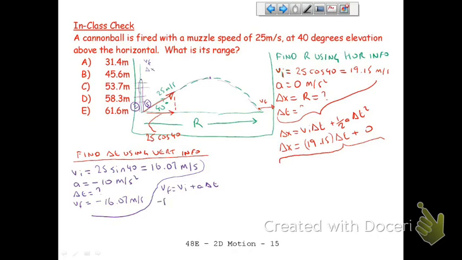So minus 16.07 equals plus 16.07 plus minus 10 times delta T. That's going to be minus 32.14 over minus 10 equals delta T. So delta T equals plus 3.214 seconds.